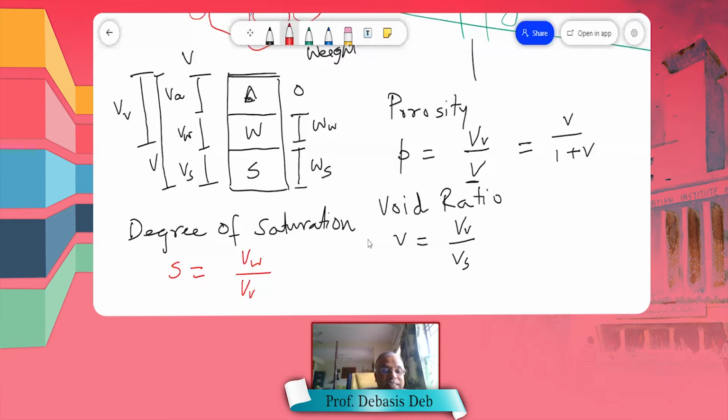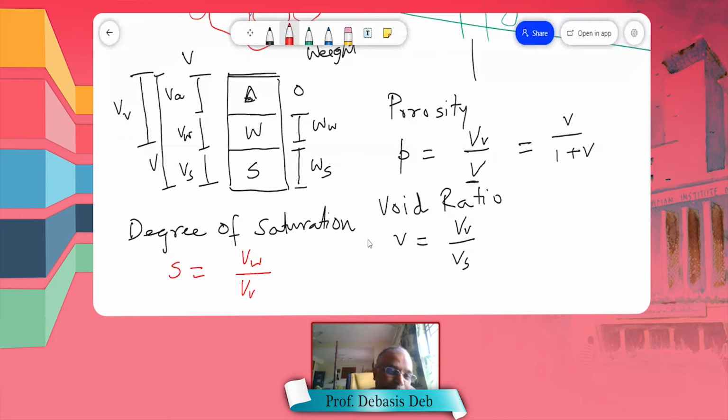So now if I say S is 1, or 100%, what does it mean? The entire void volume, that means the pore spaces, are filled with water. Okay. Now, if there is 2 days of rain continuously, let's say, what happens in Mumbai or in Bihar or in Assam, after maybe a few hours of heavy rain, all the void spaces are filled.